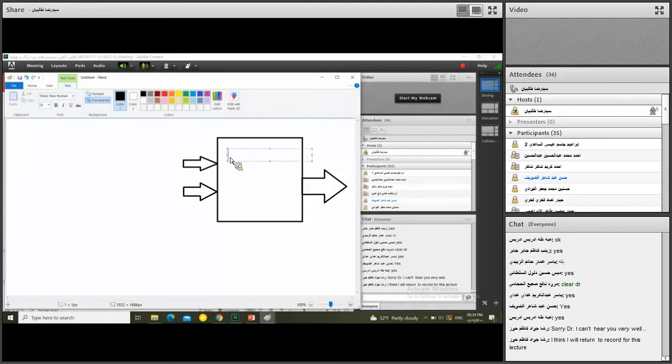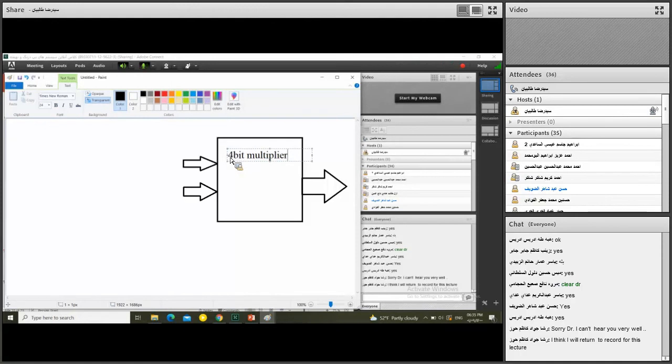It is a 4-bit multiplier. It takes two 4-bit inputs, for example A and B, and multiplies A and B with each other and produces the output, and we must know that the output must be 8 bits.